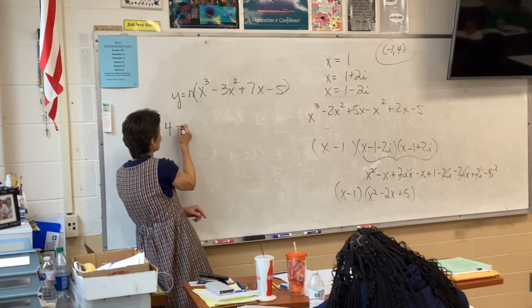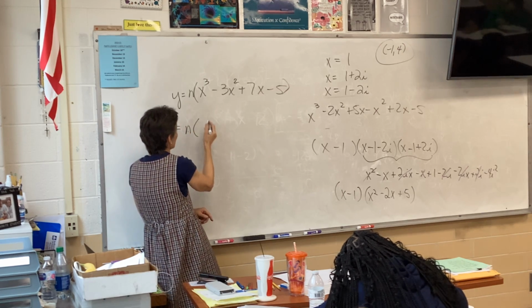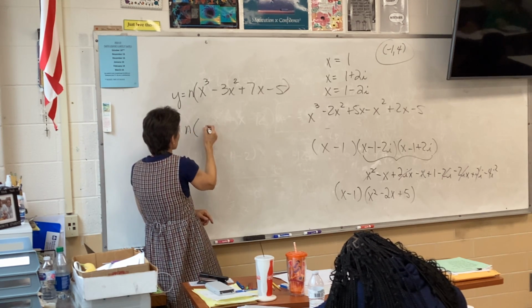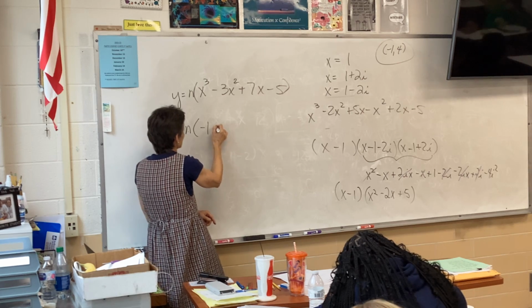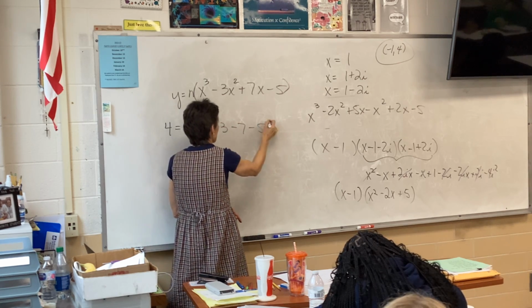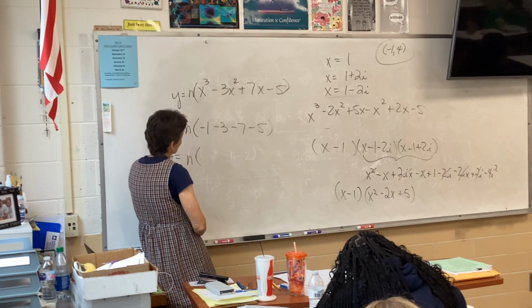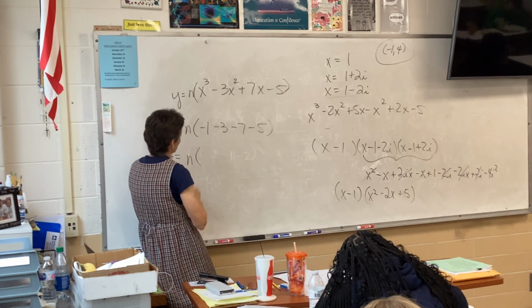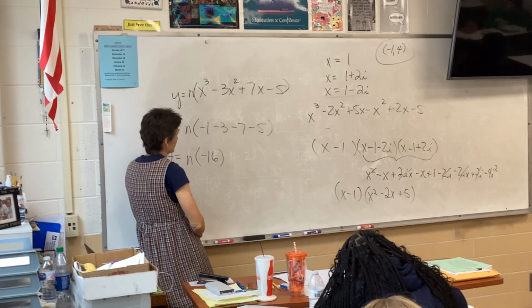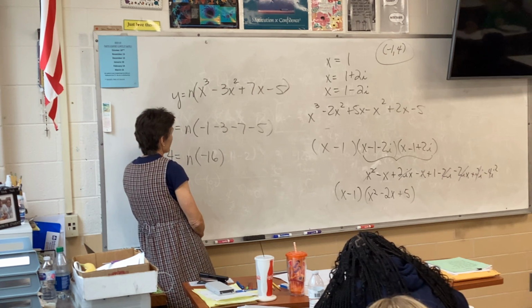So 4 equals, okay, plug in negative 1. So that's negative 1 minus 3 minus 7 minus 5. Double check my arithmetic.